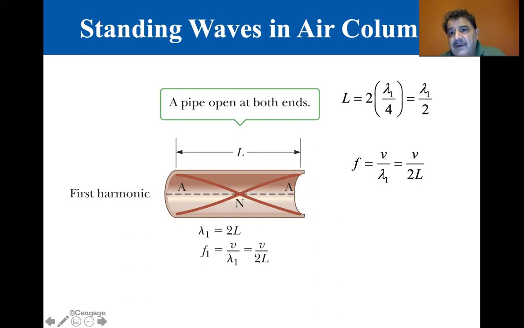The length is 2 quarter waves. From antinode to node is a quarter wave. Node to antinode is a quarter wave. And so there's 2 of them. So the length is lambda 1 over 2. It's a half of a wavelength. So the frequency is equal to the velocity divided by lambda 1, which is V over 2L.